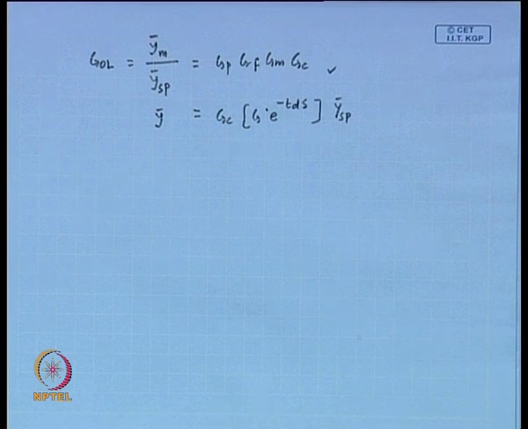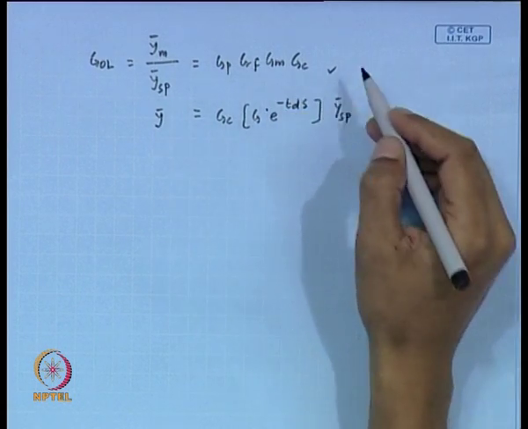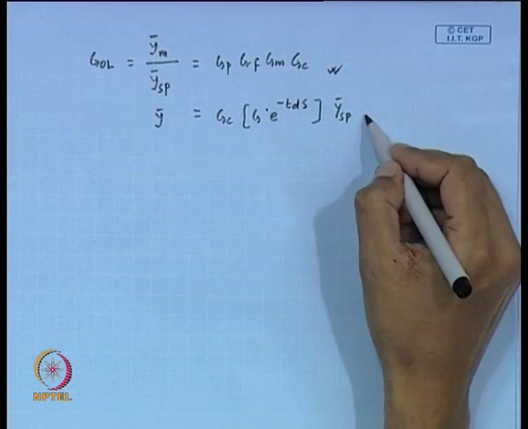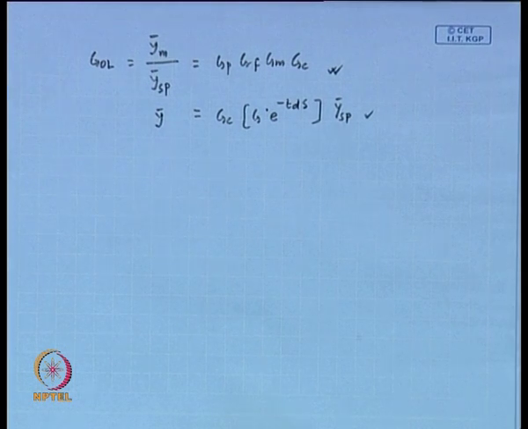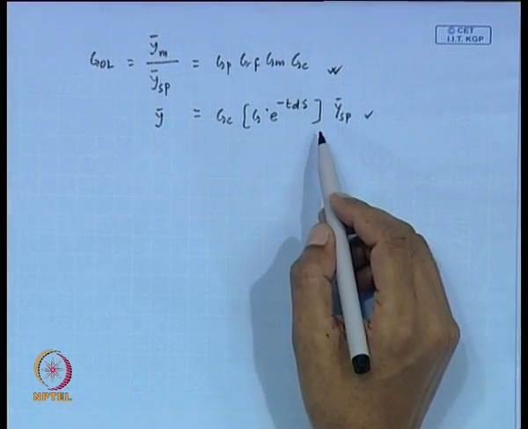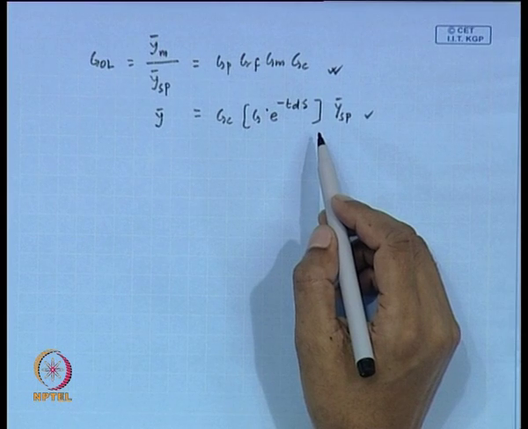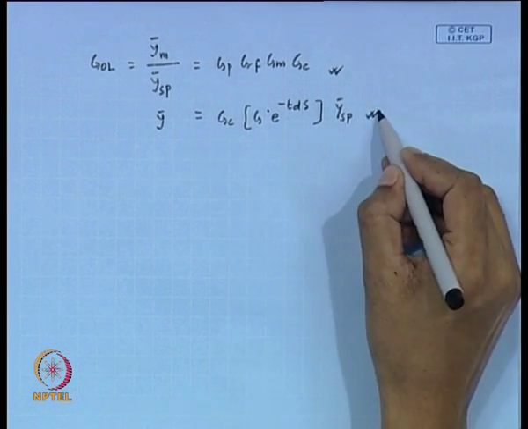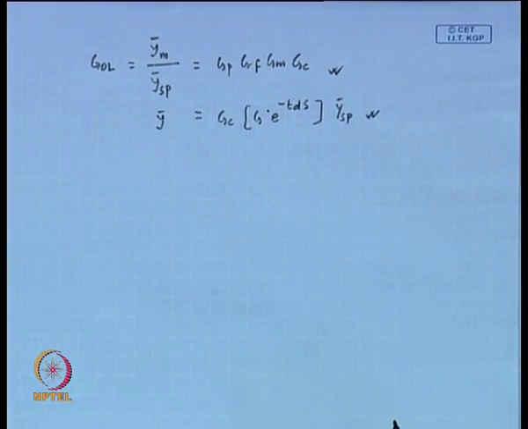This is the expression for output response y. It is obvious from this expression that it is delayed by tau d minute.